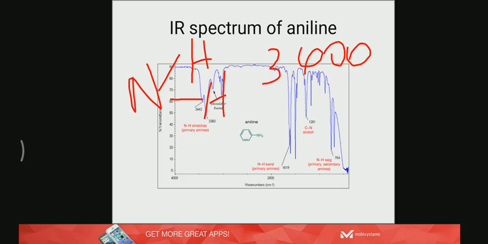Here also due to hydrogen bond it will come lower, and this is a primary amine. There are two NH bonds, which will show a kind of doublet. You can see in the spectrum a kind of doublet here. So that is the speciality of a primary amine.